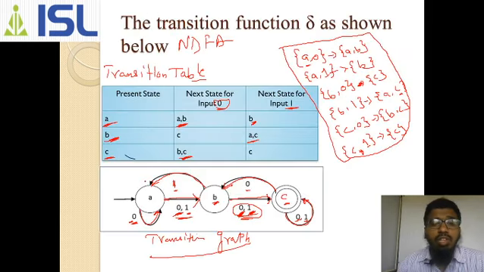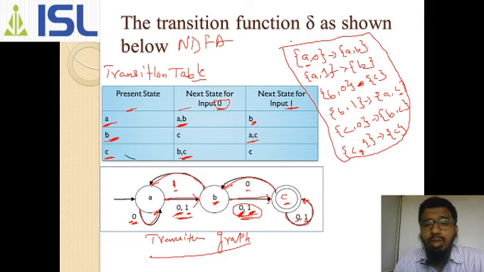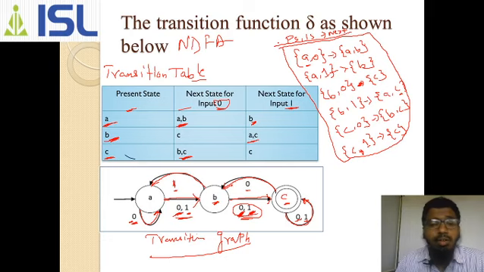Okay, and with the help of this transition table we took the present state comma input symbol, and then we get the next state. What is the advantage of this? If you do this, then you will know which state will come after this. If we go on this input, we know which state we get.